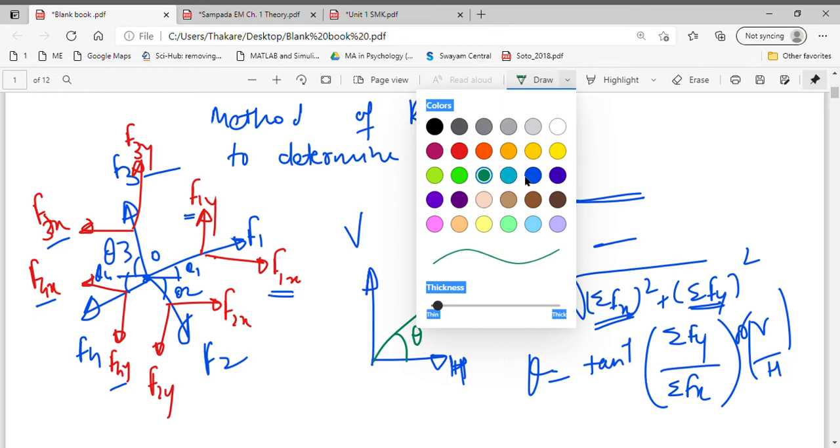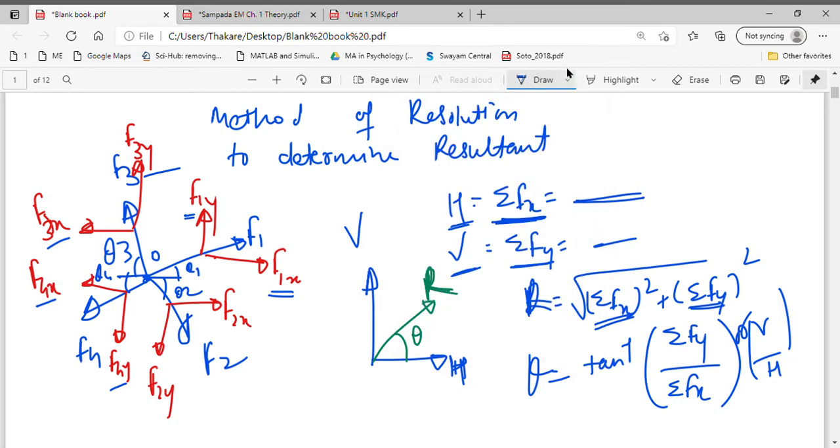The care that needs to be taken while taking the summation of all the forces is that we consider forces acting towards right as positive and forces acting in the upward direction as positive. So in this example, F1x is acting towards right, so it will be considered positive.